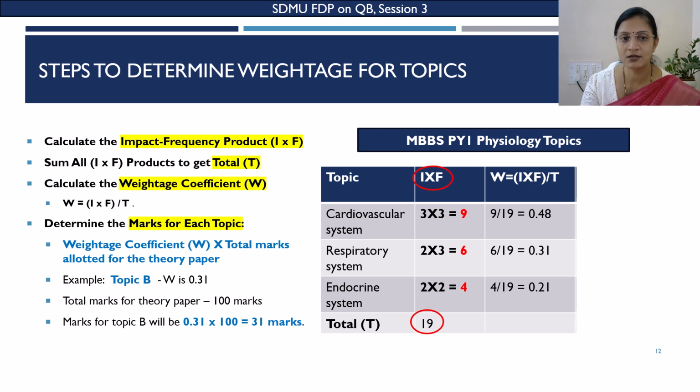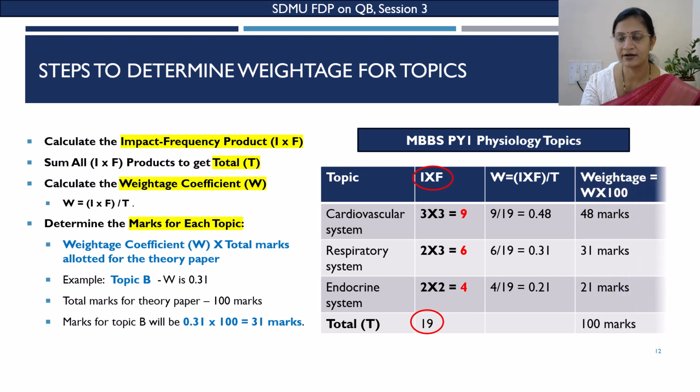If the total marks allocated for theory paper, if it is 100, then calculate it for 100. So it is going to be 48 marks for cardiovascular system, 31 marks for respiratory system and 21 marks for endocrine system. Okay, so this is how you are going to calculate weightage based on the impact frequency product.